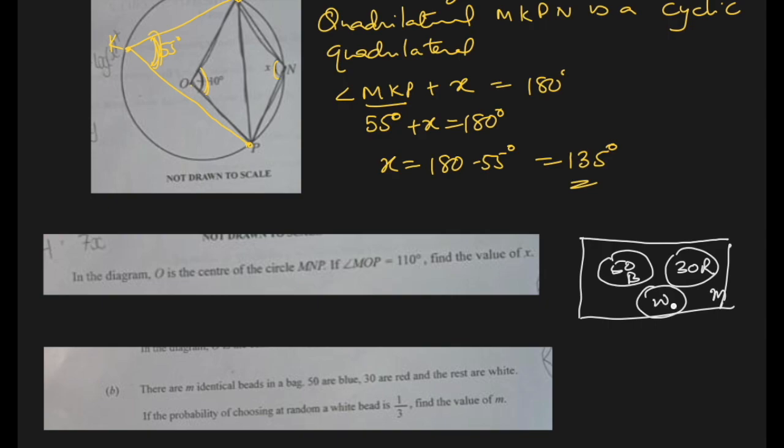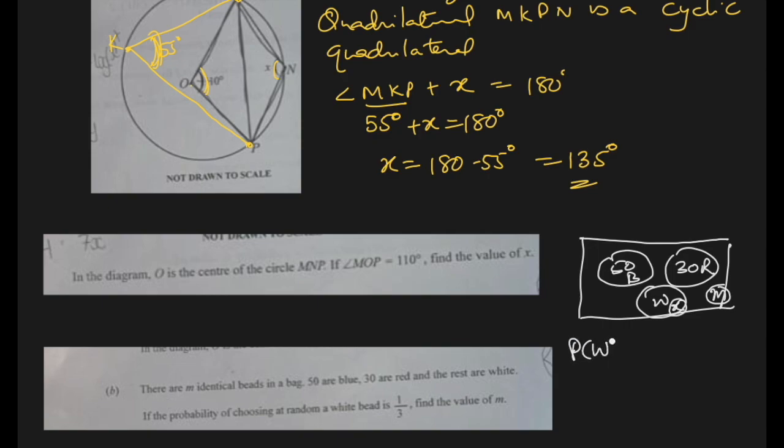So let's call them x. Okay. If the probability of choosing at random a white bead is 1/3, find the value of m. What they are trying to say is that x is 1/3 of total m. That's how we find probability, right?